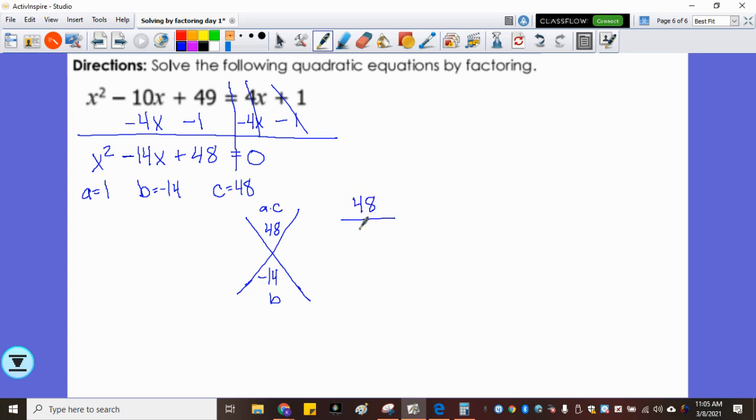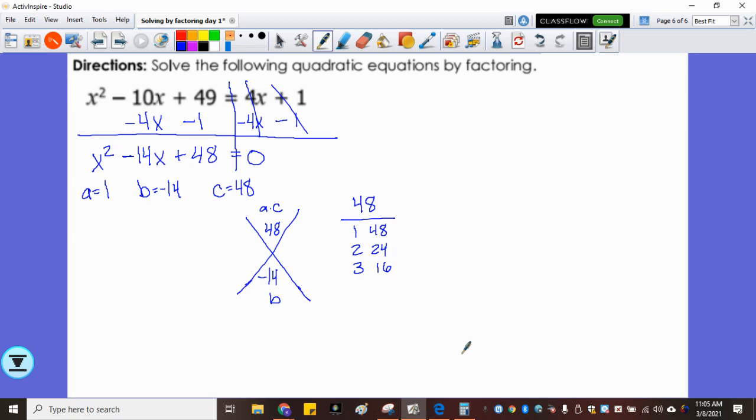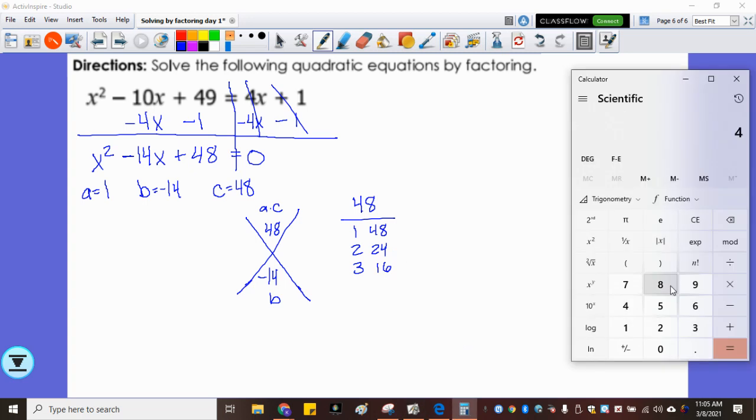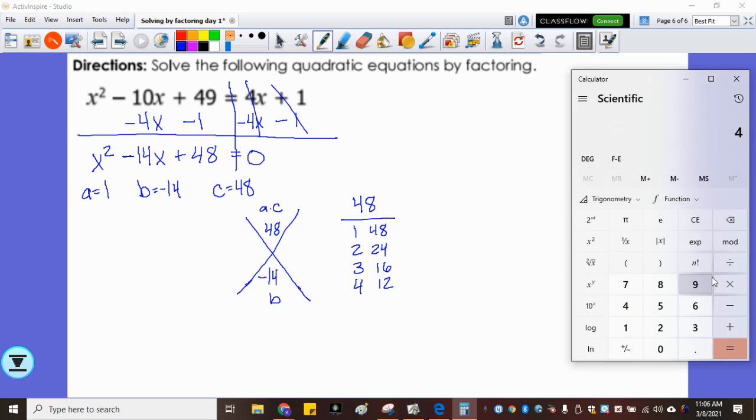Things that multiply to 48: 1 and 48, 2 and 24, 3 and 16, 4 and 12, 6 and 8. 7 is a decimal.